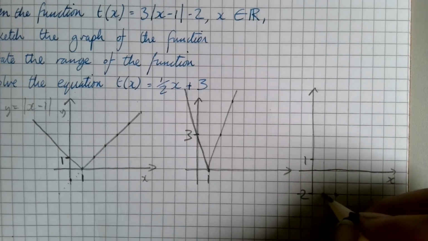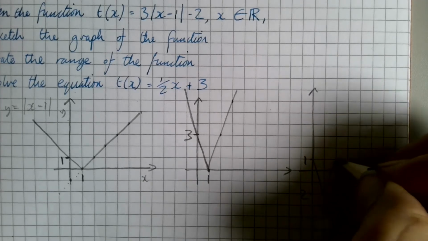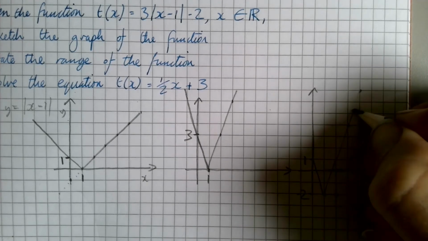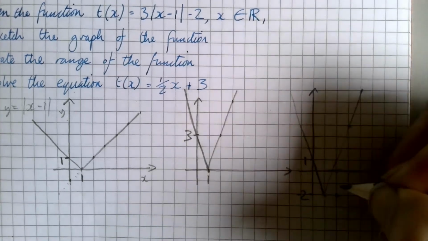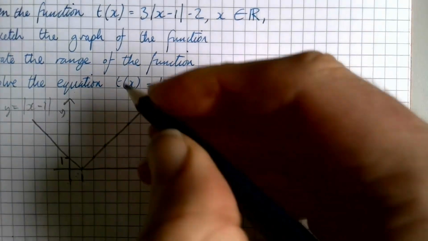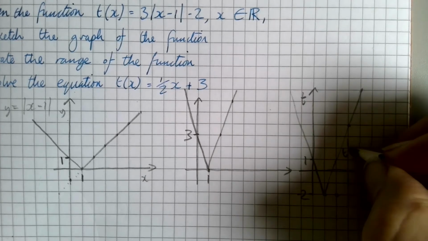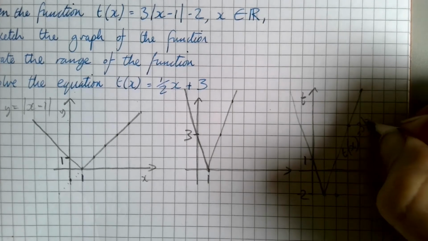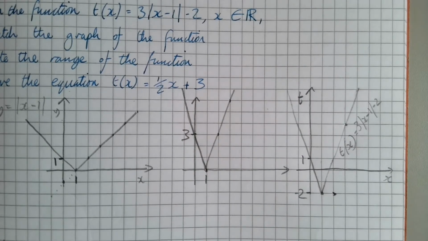Yeah, that should be just there, and my gradient is 3, so I'm going along 1 and up 3 before sketching that. And it says t, doesn't it, so I should have t on my axis there, so that is t of x equals 3 modulus of x minus 1, take 2. So that's the graph done.